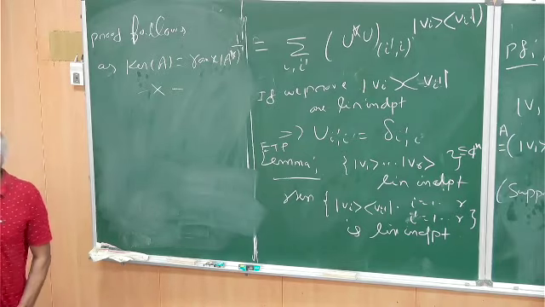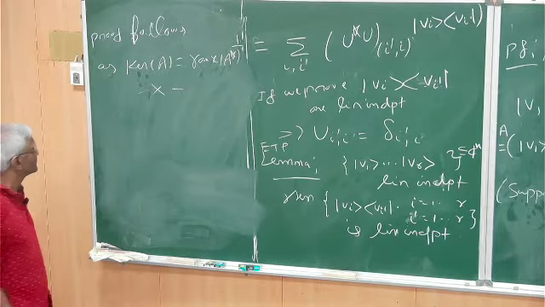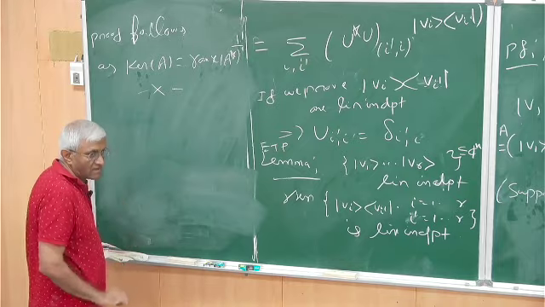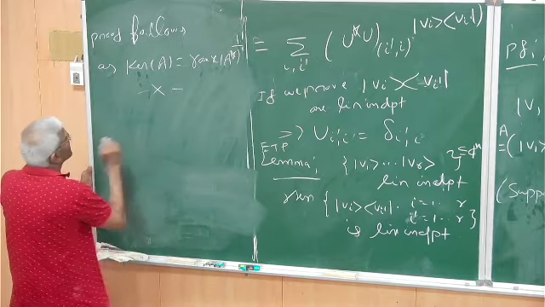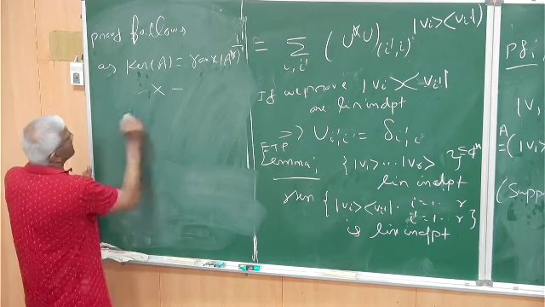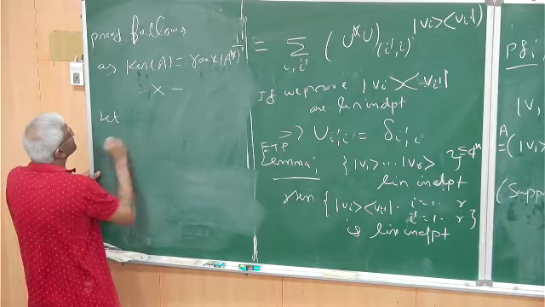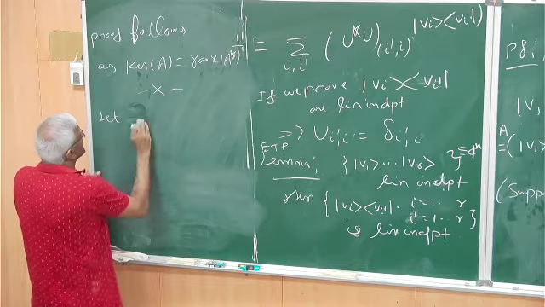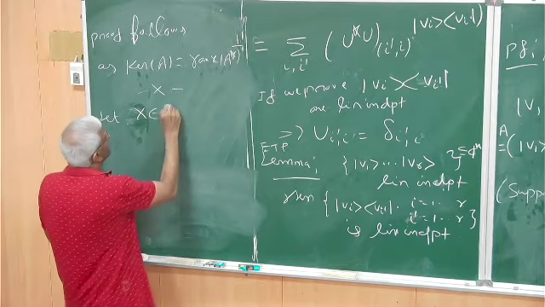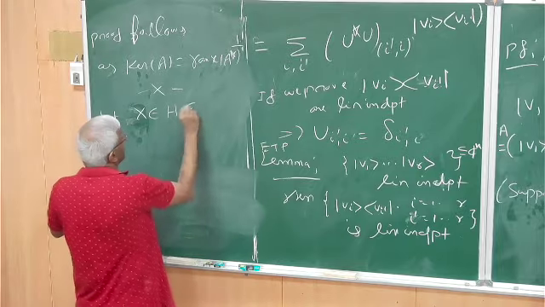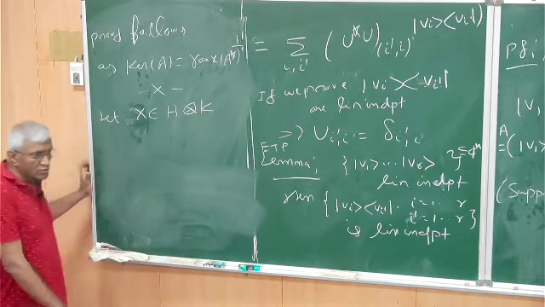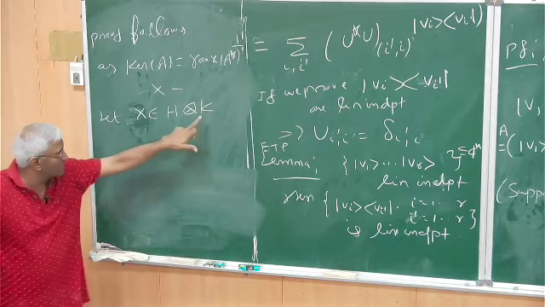Now I want to introduce something called partial isometry. Partial trace, not partial isometry, partial trace. So partial traces for tensors. Let X be in H tensor K. Usually in quantum systems we will have H_A tensor H_B.